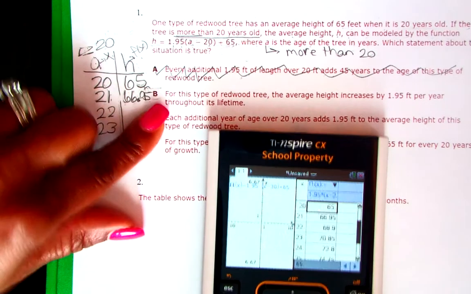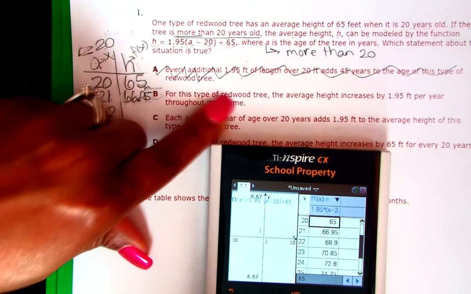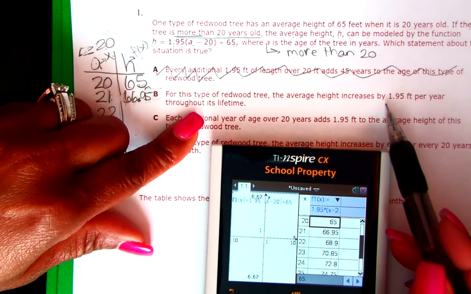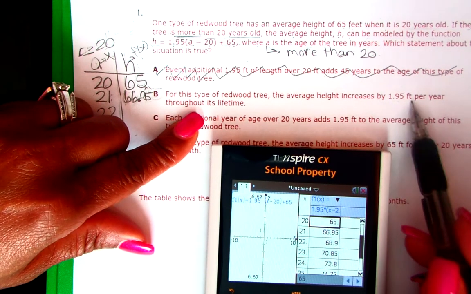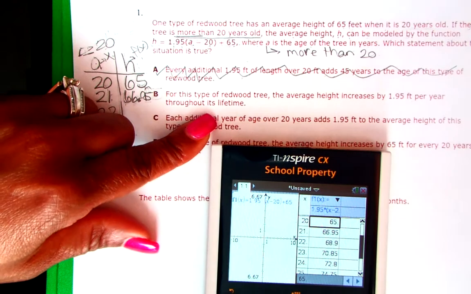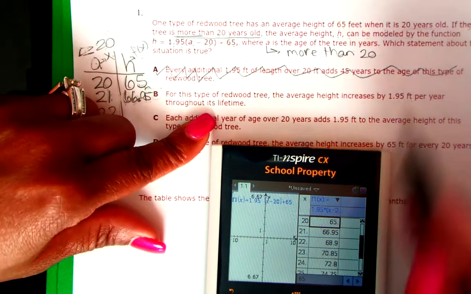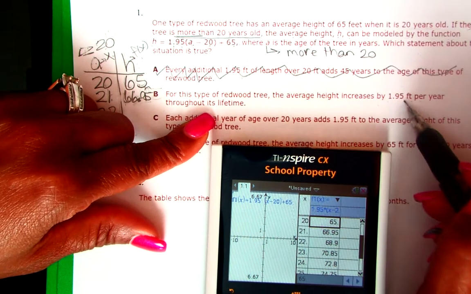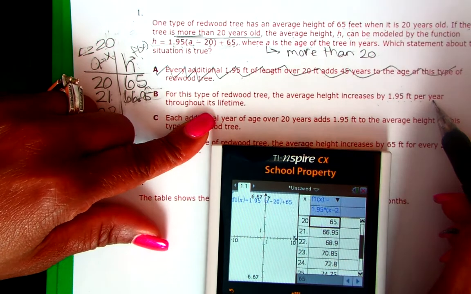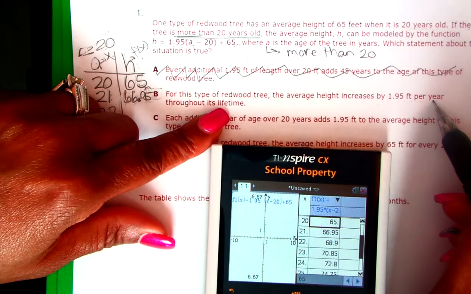Okay. For this type of redwood tree, the average height increases by 1 in 8,500 feet per year throughout its lifetime. How's it doing it? So you say it increases 1 in 8,500 feet per year throughout its lifetime.